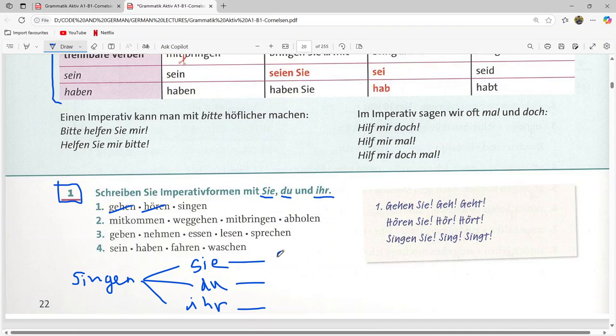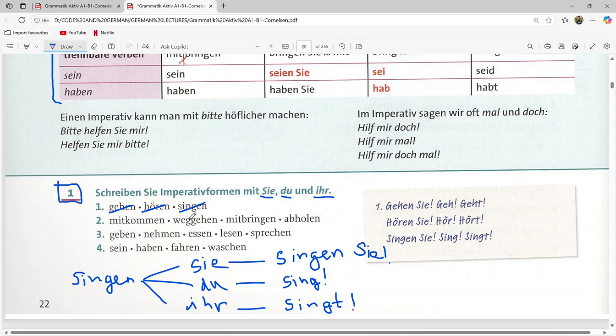In the Sie form it is singen Sie, and in the du form it is singst. Then st will be removed and also du will not be used, so it will be just sing. Next one, er form is singt. No er will be used, so it is singt.